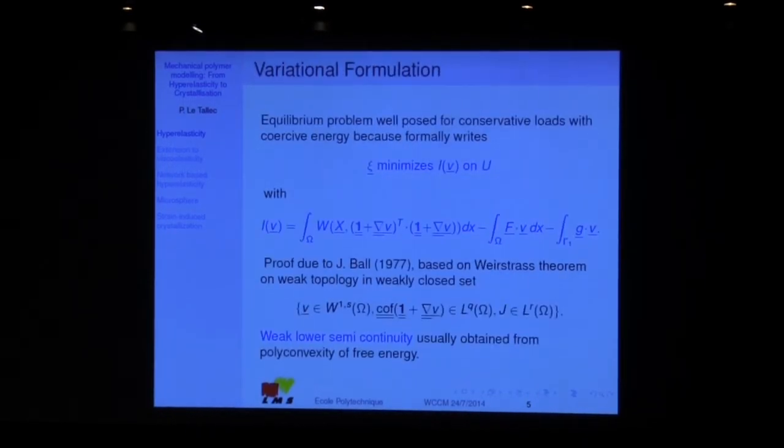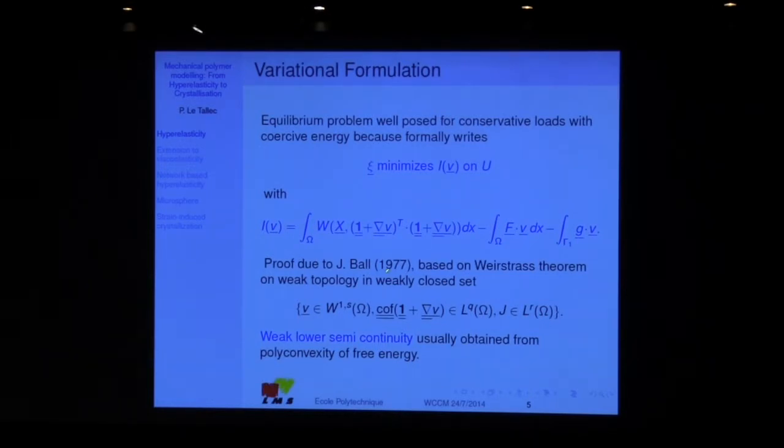It is set as a minimization problem. You minimize the total energy on a set weakly closed in a nice Sobolev space, and the energy itself is weakly lower semi-continuous. That means that you have existence by the Weierstrass theorem.